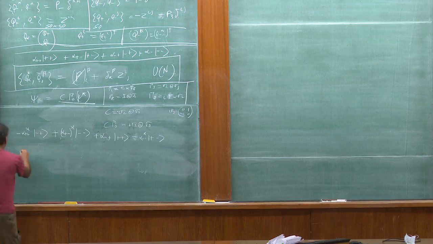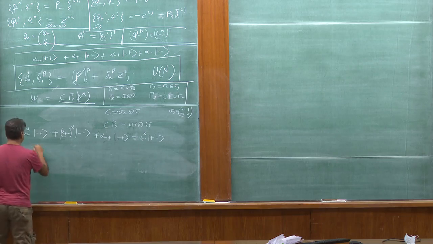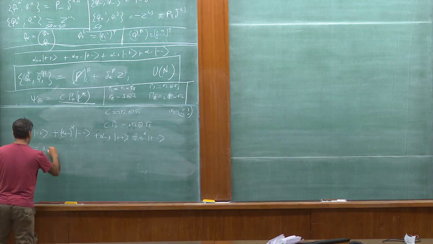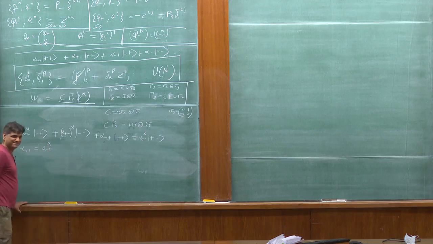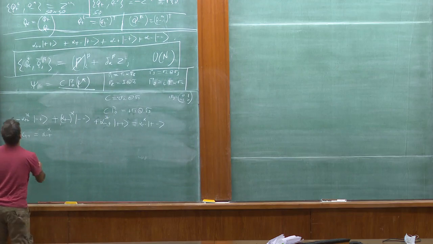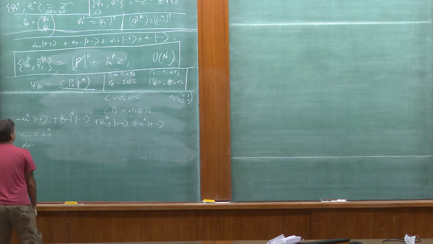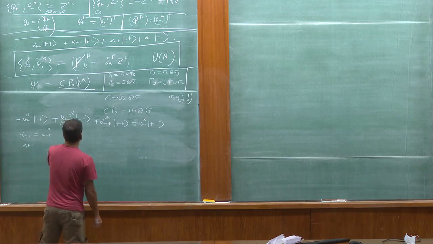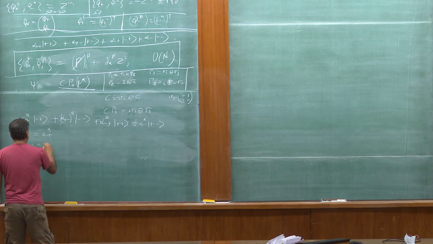Okay, and so we conclude that alpha plus plus is equal to alpha minus plus star. Everything here was star. Okay, alpha plus minus was equal to minus alpha minus minus star.